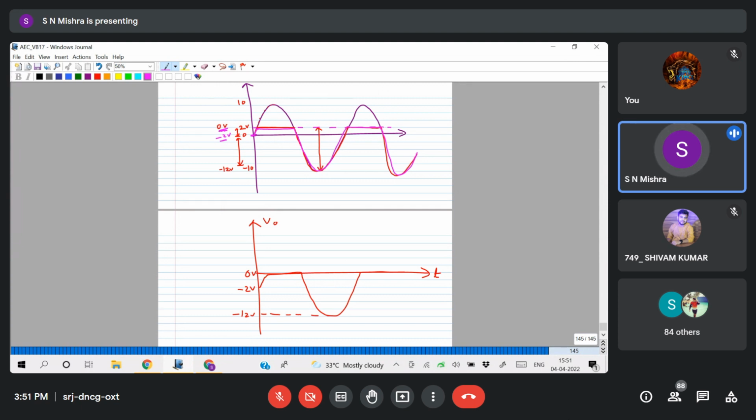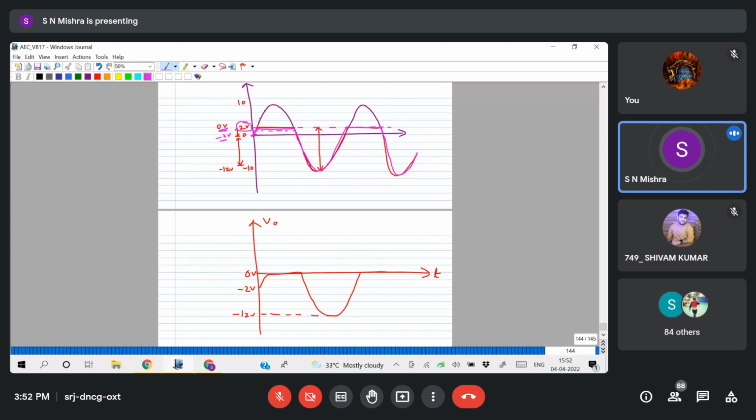Now the same thing if you do for a silicon diode, the 2 line will be 1.3. So it will be changing according to that. So here 2 is changing to 1.3. I'm taking a little bit lower here. So it will be 1.3.